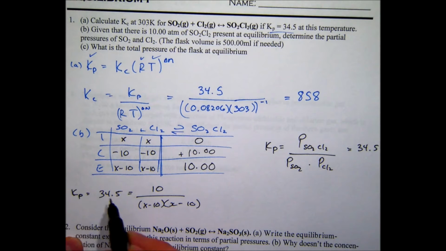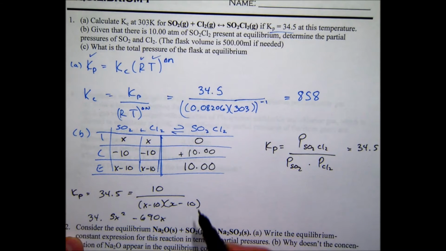We're just going to skip a few steps. We're just going to rearrange this as we've done before into our quadratic form. So 34.5x squared minus 690x plus 3440 equals 0.